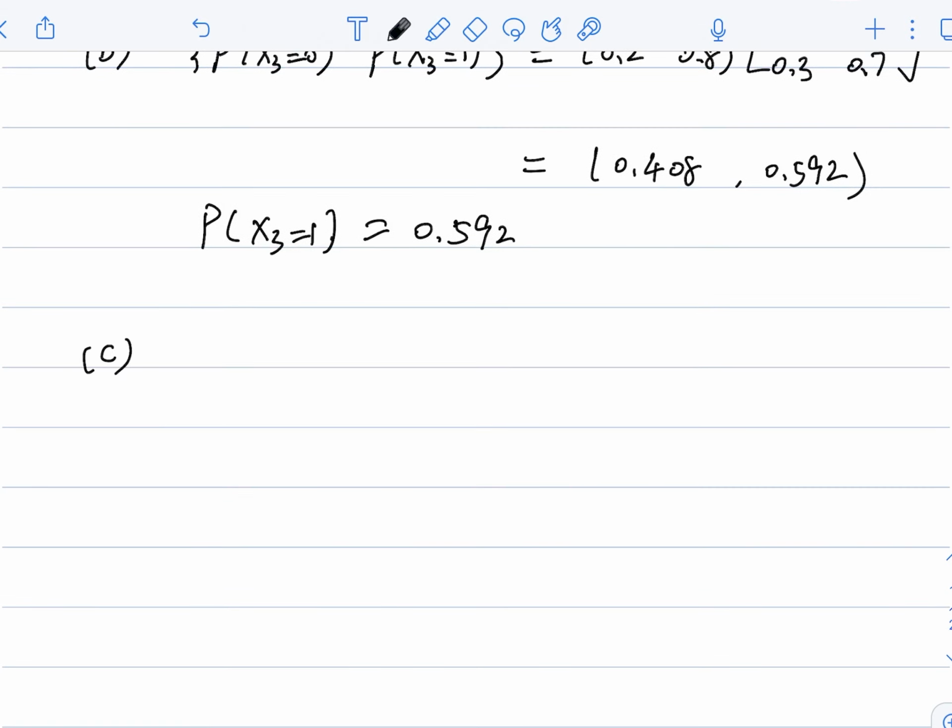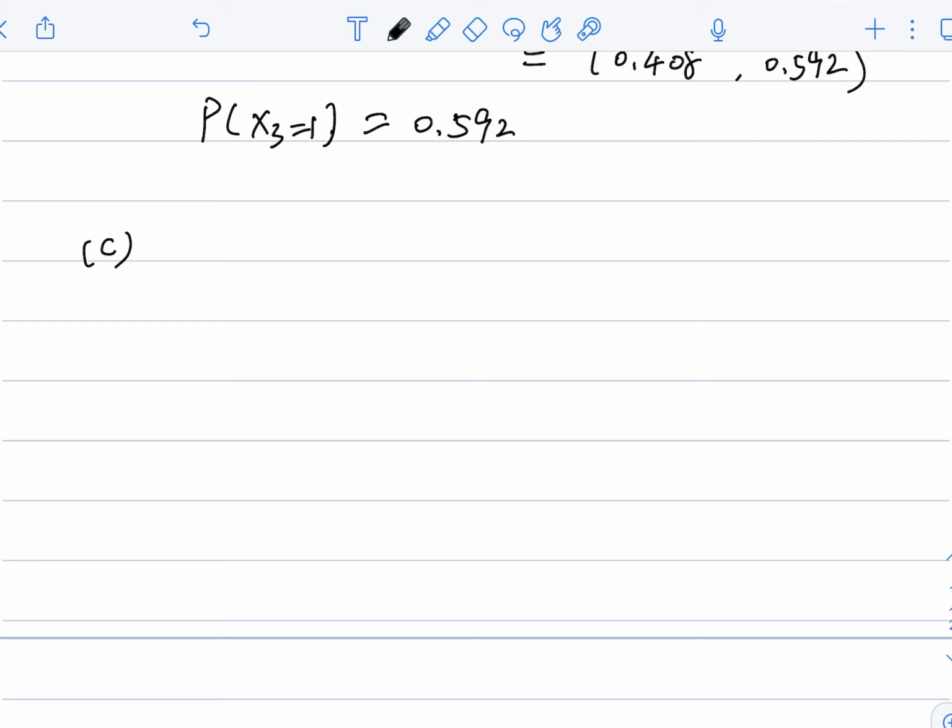Next, let's turn to question C, which needs us to calculate a conditional probability.